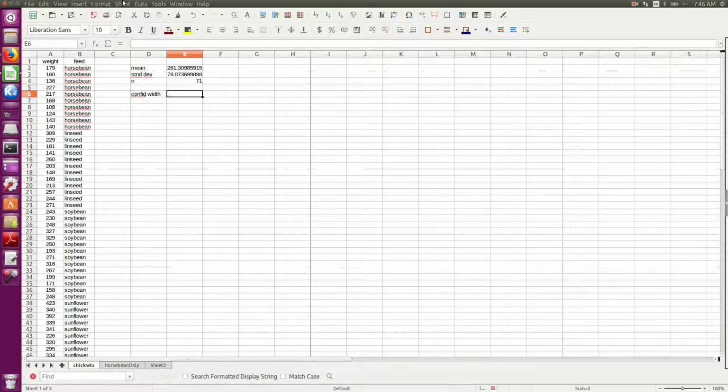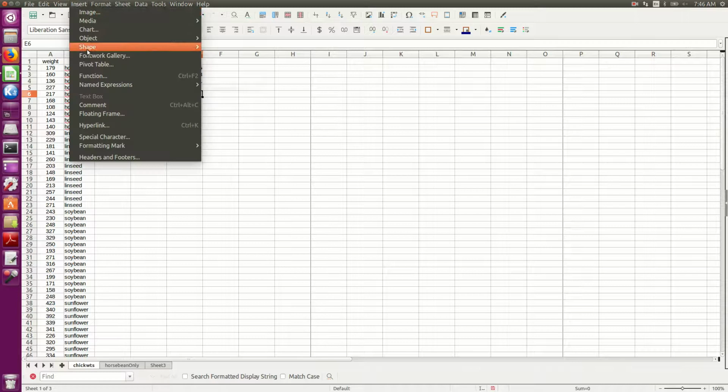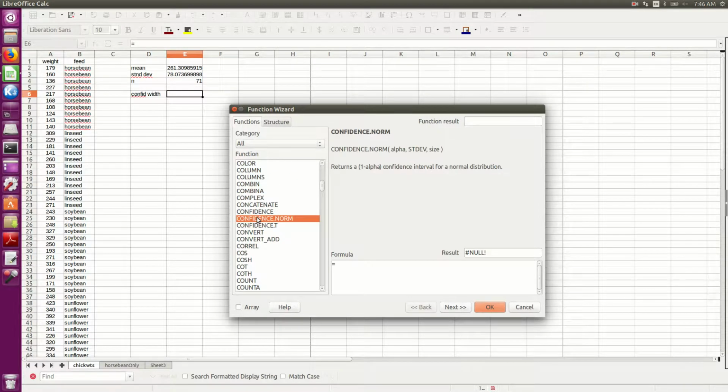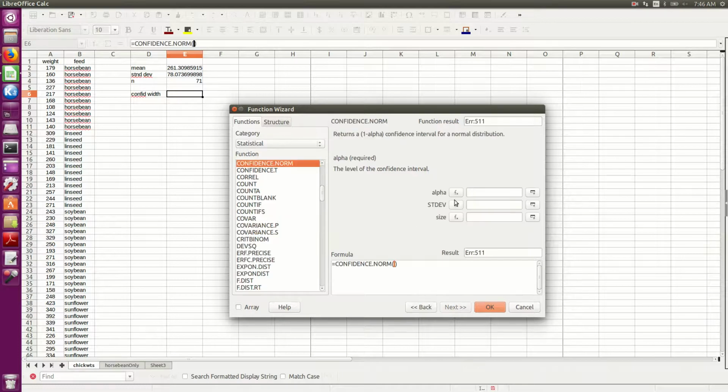So just to show you what's going on here, let's do an insert function, and we go down to confidence, and we want confidence.norm. That's assuming a normal distribution. We need an alpha, so we'll use our 0.05.